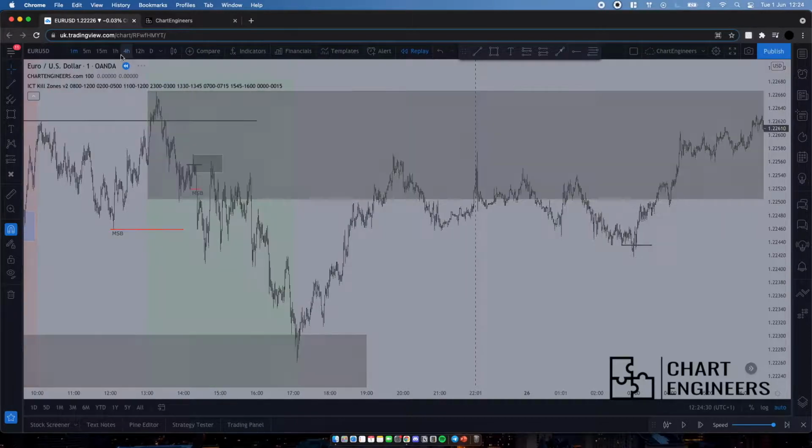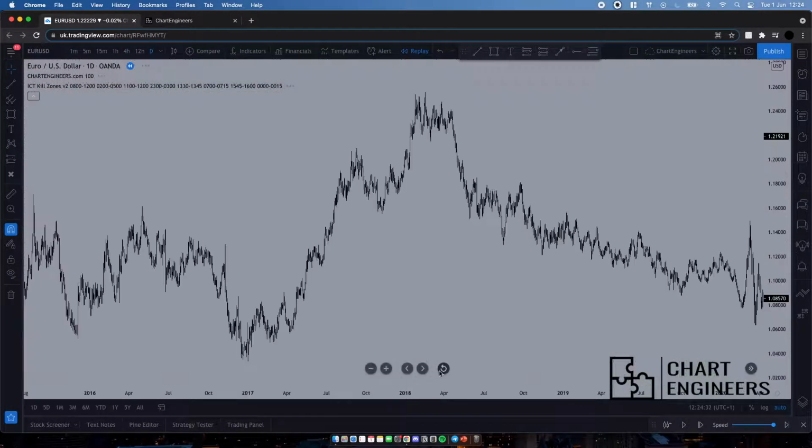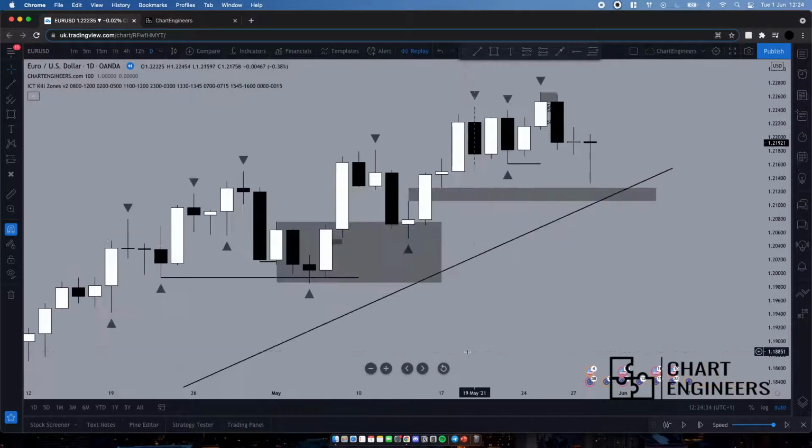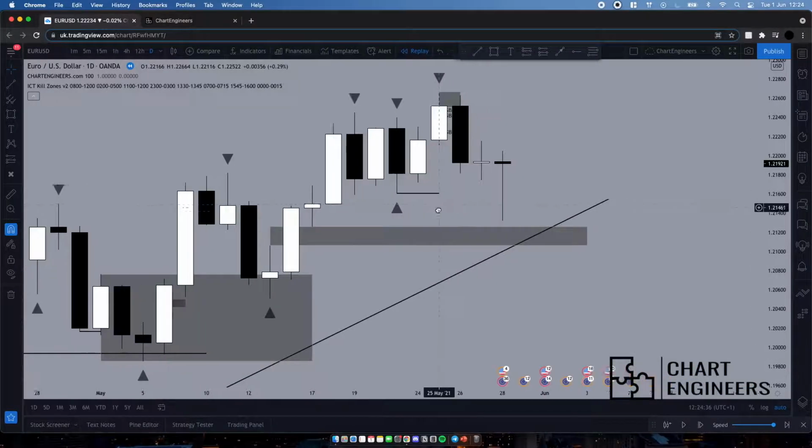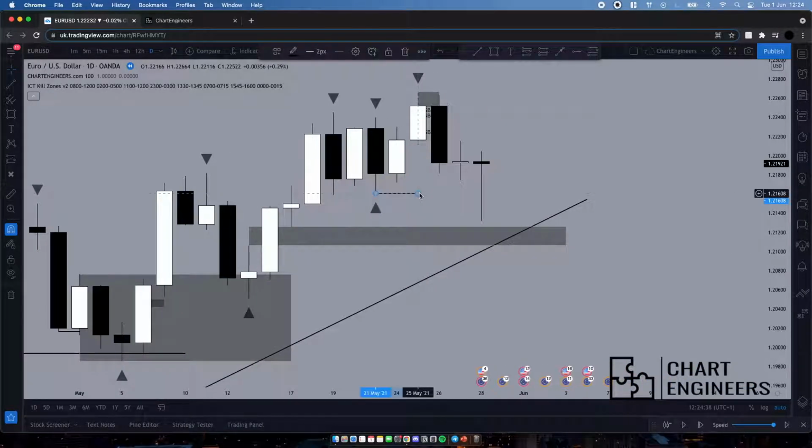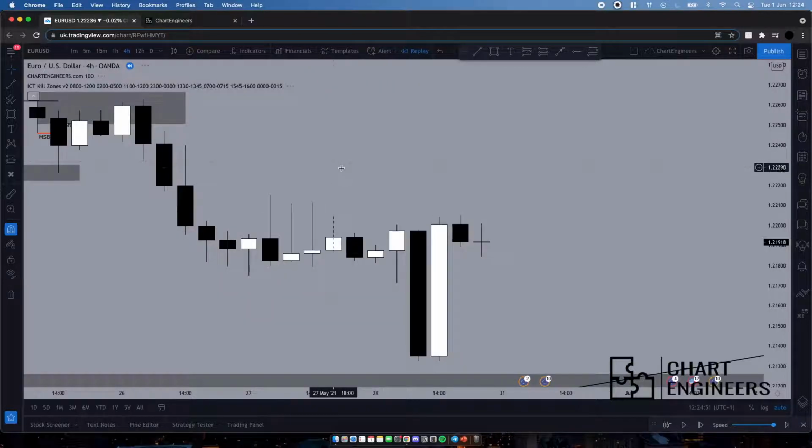So then at the end of the day, you just want to glance over your daily time frame, your H4 time frame, and we see that we have a daily swing low, and we've also created a daily high. So because of this daily swing low, I'm still bullish on this day, on Wednesday, still bullish.